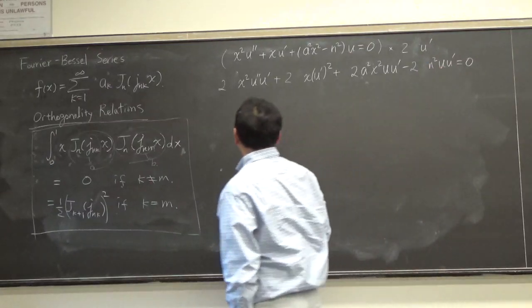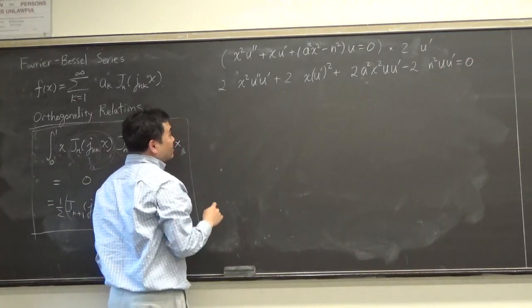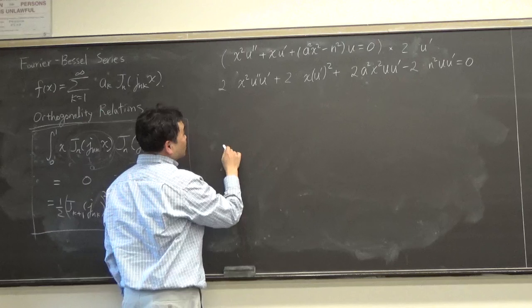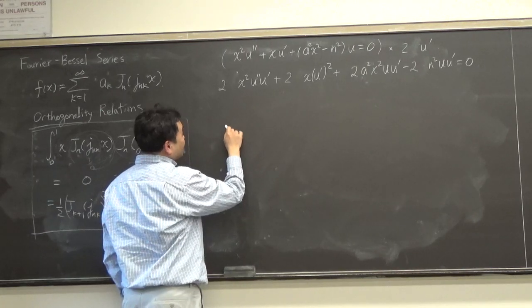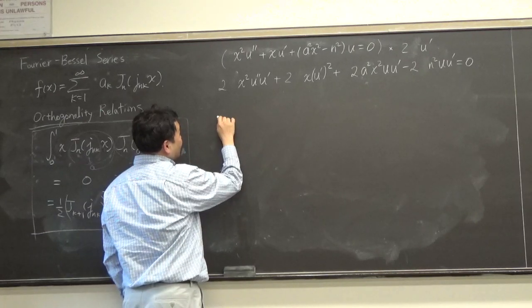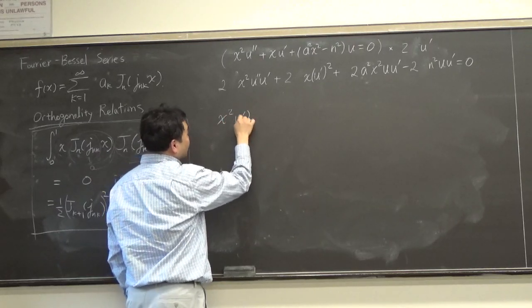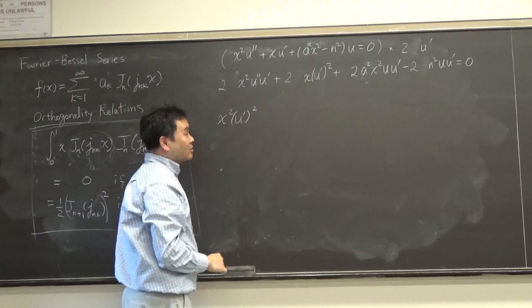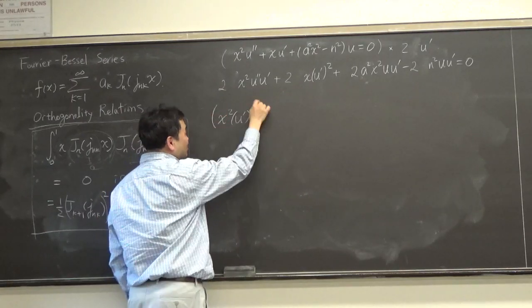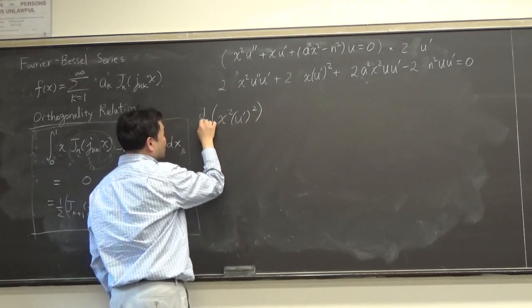All right, so now what I see is that if I have x squared u prime squared, let's try to apply the product rule to this one.